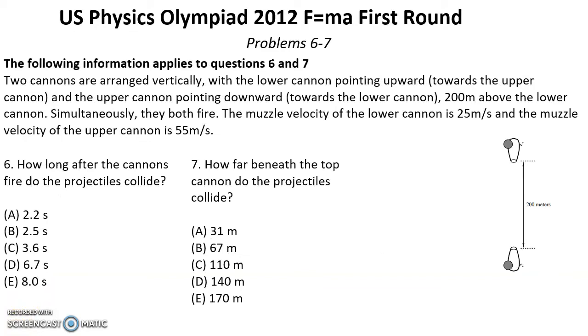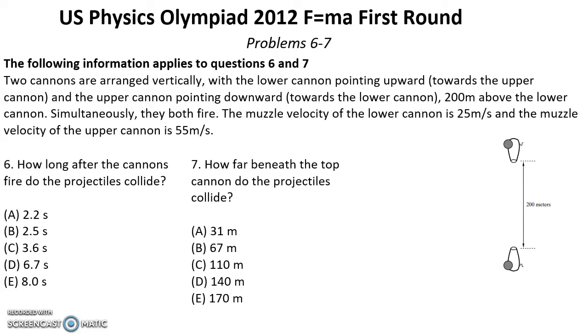Problems number 6 and 7. The following information applies to questions 6 and 7. 2 cannons are arranged vertically, with the lower cannon pointing upward towards the upper cannon and the upper cannon pointing downward towards the lower cannon, 200 meters above the lower cannon.